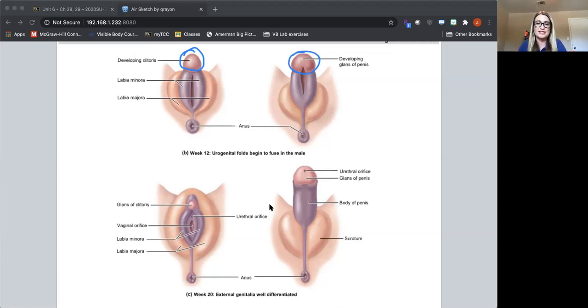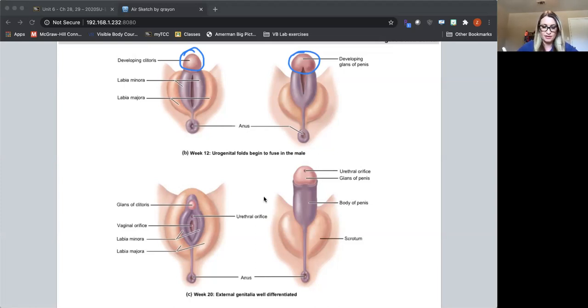This is another example of how these structures are homologous. They are originating from the same tissue. They have pretty much the same structure and function, right? So both clitoris and glans of penis contain the tissue that reacts to stimulation.